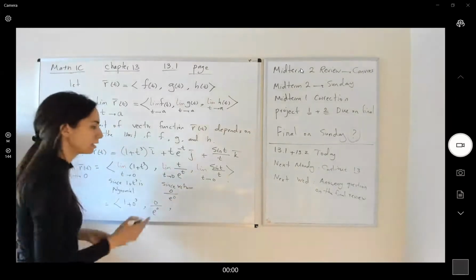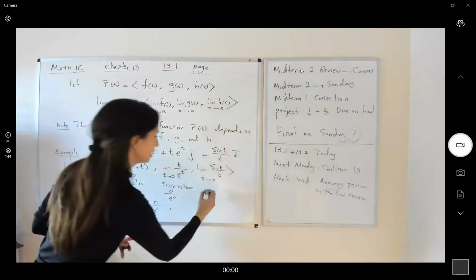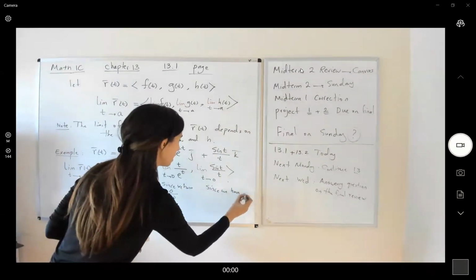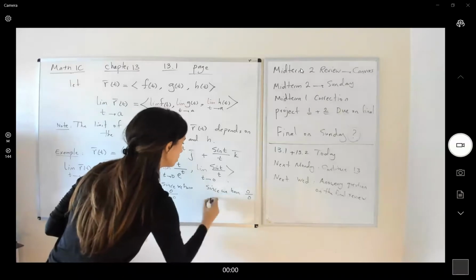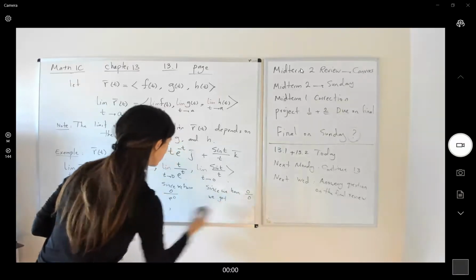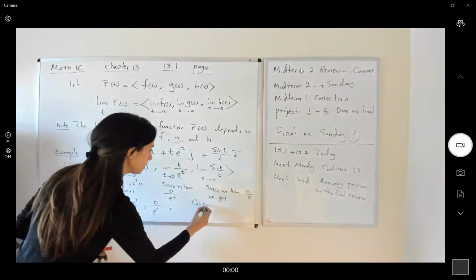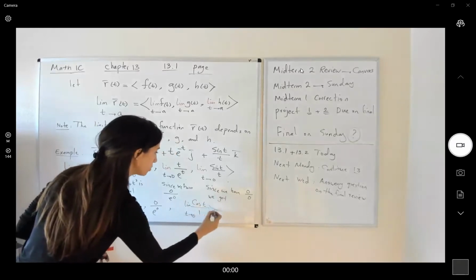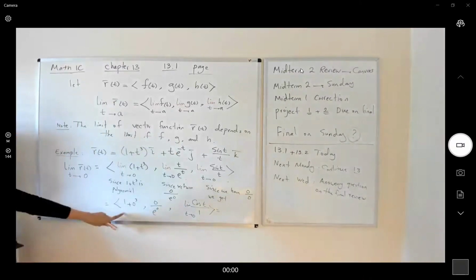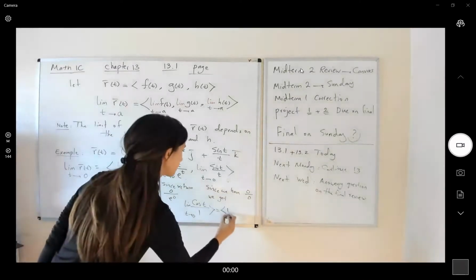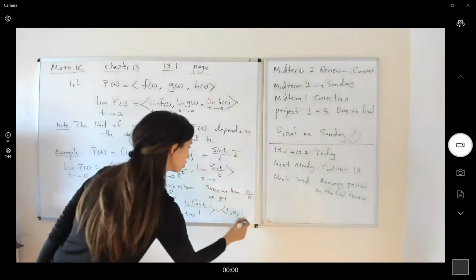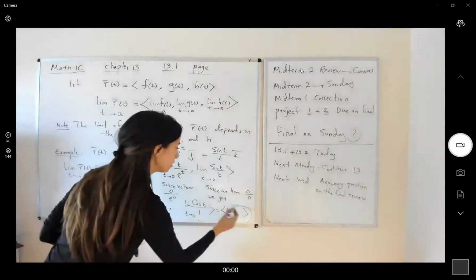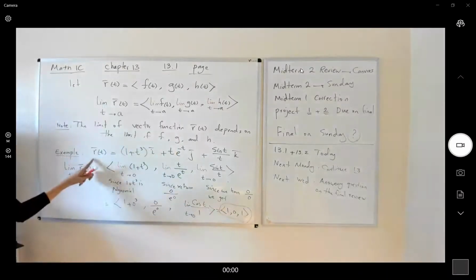You can say that, hey, I can apply L'Hopital's rule. Since we have 0 over 0, we get cosine t divided by 1, as t goes to 0. So this one is 1, this is 0, and this is 1. This is the limit of your vector function.